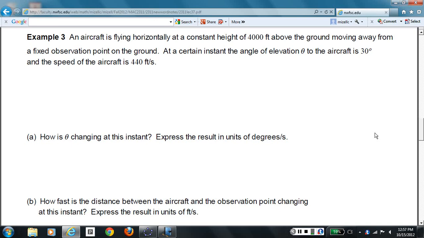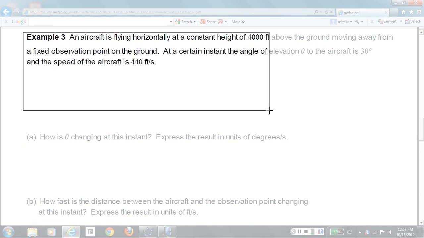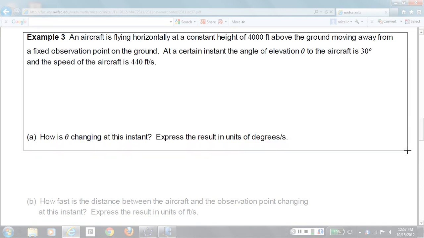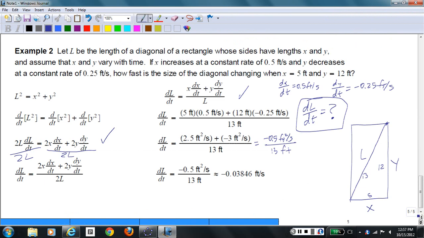An aircraft is flying horizontally at a constant height of 4,000 feet above the ground, and it's moving away from a fixed observation point on the ground.